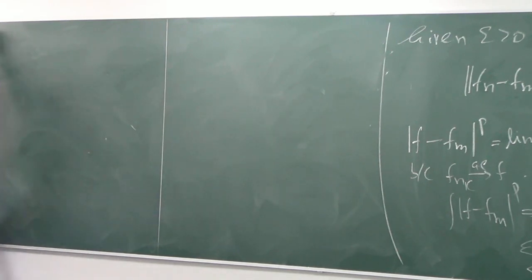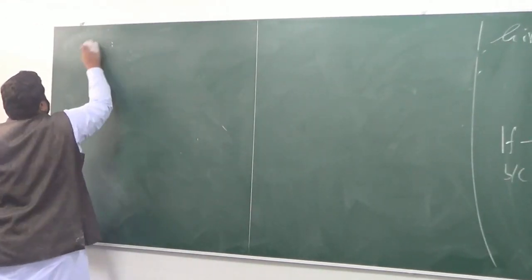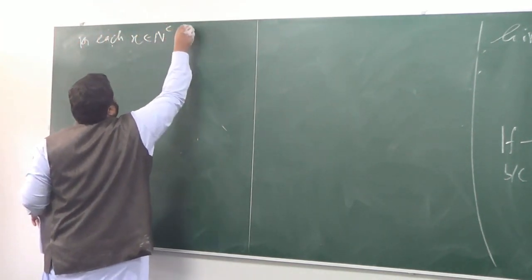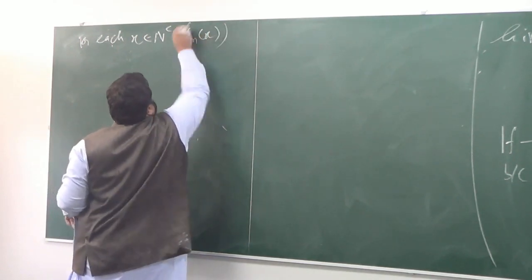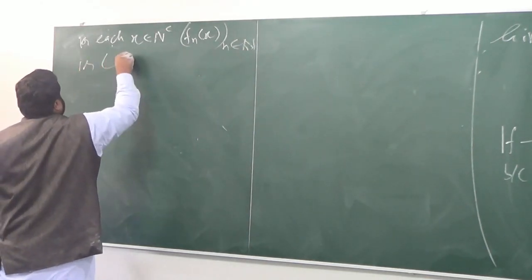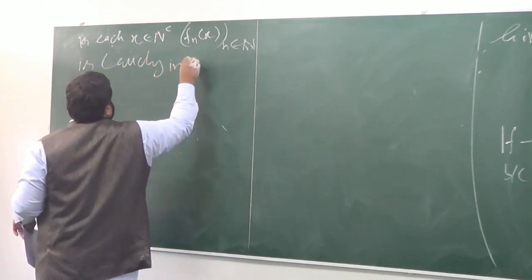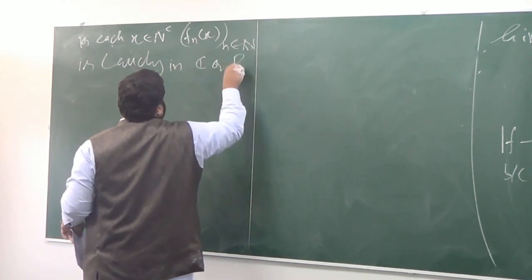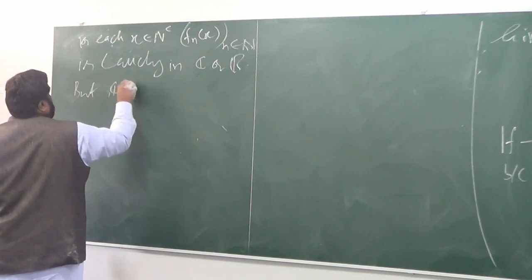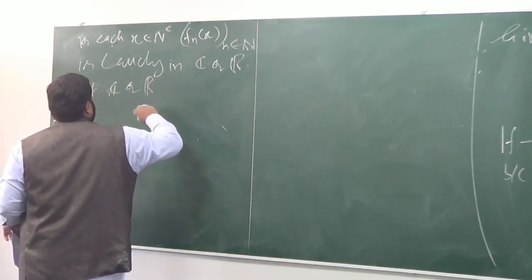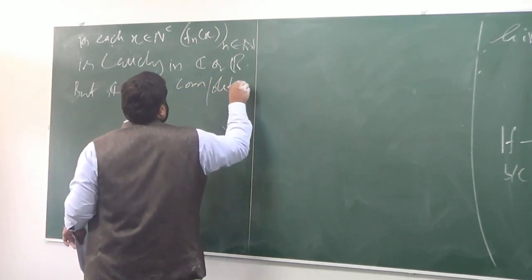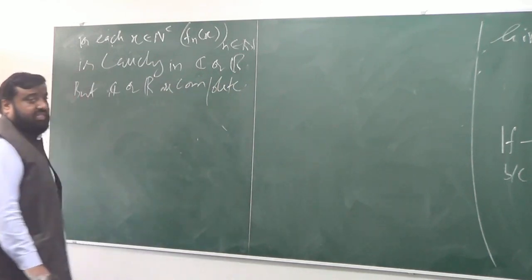So for each x in N complement, Fn of x is Cauchy in R or C, but R and C both are complete.